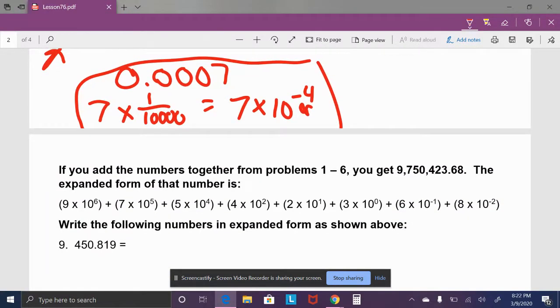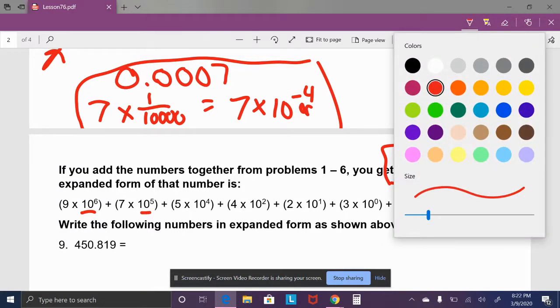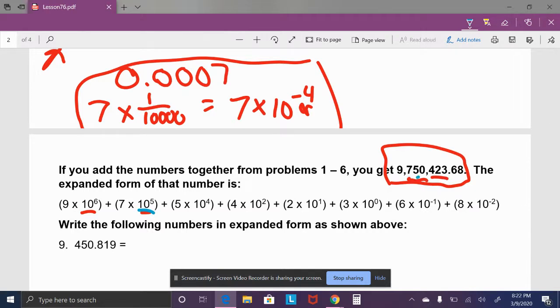All right, writing numbers also, you can write them as a power of 10. For example, 9,750,423.68 can be written based on the decimal value. So we have 9 times 10 to the 6th. That means there are 6 numbers before the decimal. 10 to the 5th means there are 5 numbers before the decimal, or I should say after the 7th.